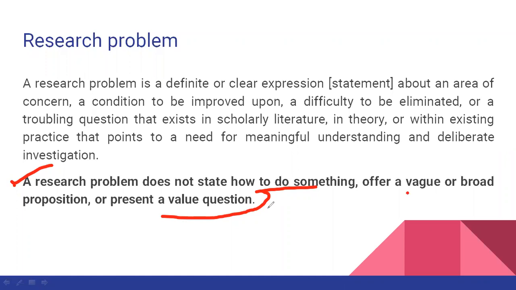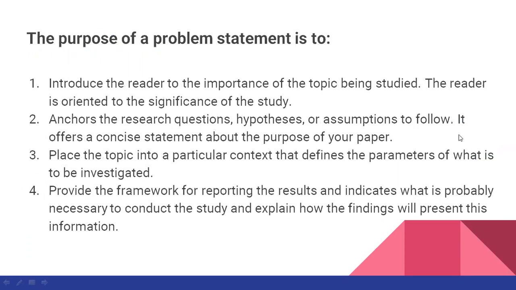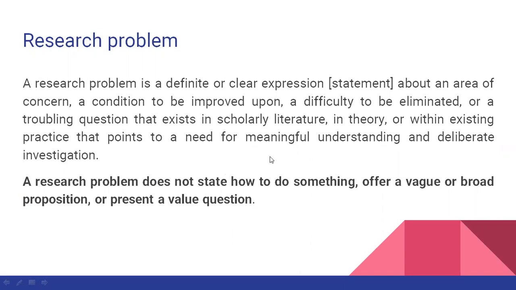What you actually mean to refer to as a research problem is: what is the gap, or what is the problem that is existing in those previous literature. Okay. From this slide, it is clear what a research problem is and why we need it.